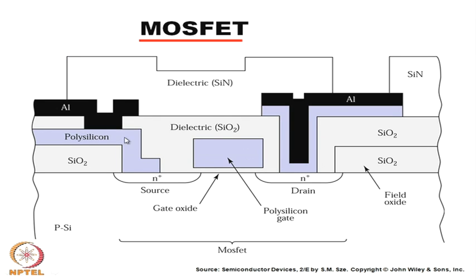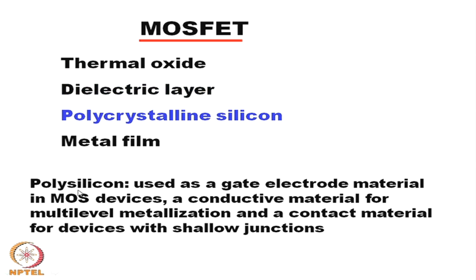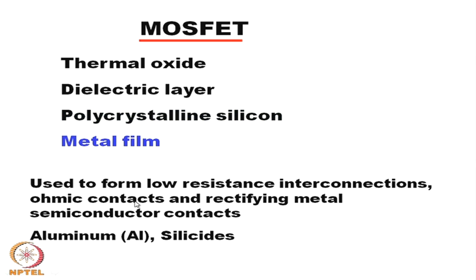This blue region is the polysilicon layer, which is nothing but polycrystalline silicon, used as a gate electrode material in MOS devices, a conductive material for multilevel metallization, and a contact material for devices with shallow junctions. And the last one is the metal film, which is used to form low resistance interconnections, ohmic contacts between the metal and semiconductor, and rectifying metal semiconductor barriers.